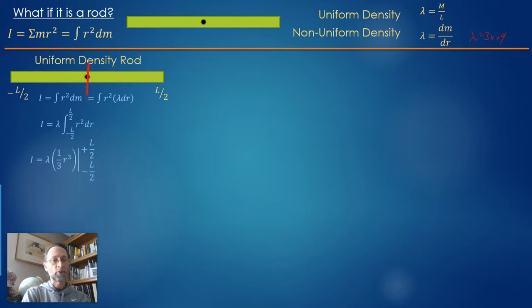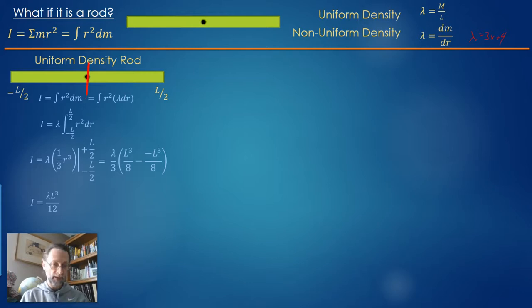So I get 1/3 r cubed from negative L over 2 to positive L over 2. Plug in those values so I can pull the third out and then substitute in. And notice because this is cubed, that'll keep my minus sign, and I'll add the two of those together, and I end up with this, where the moment of inertia is lambda times L cubed over 12.